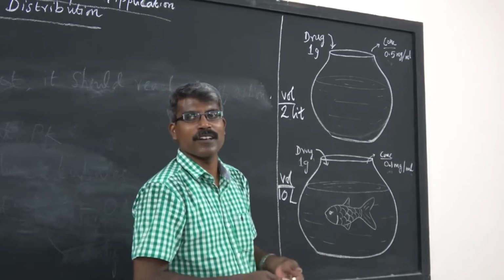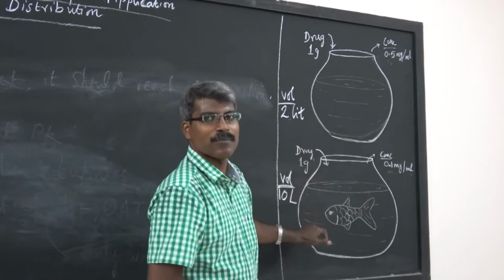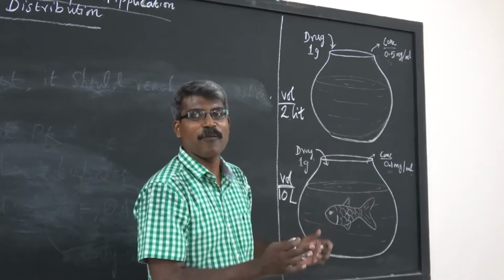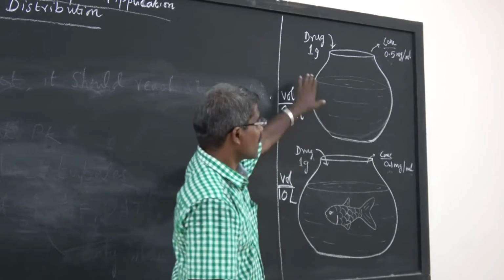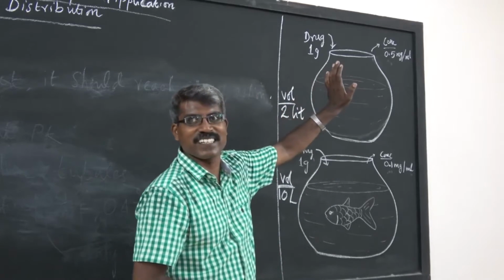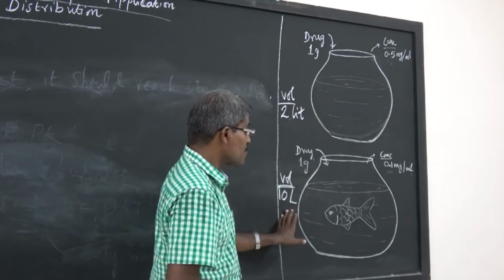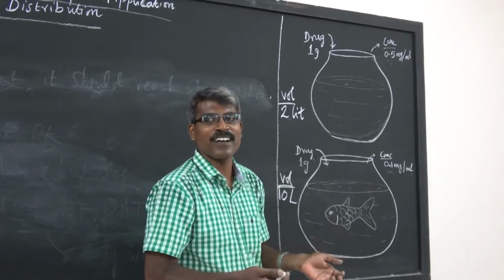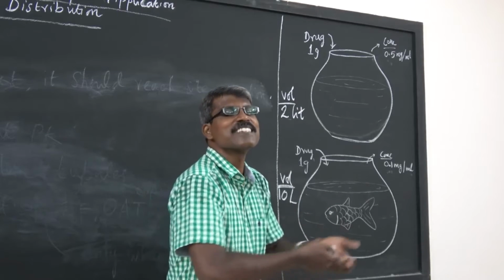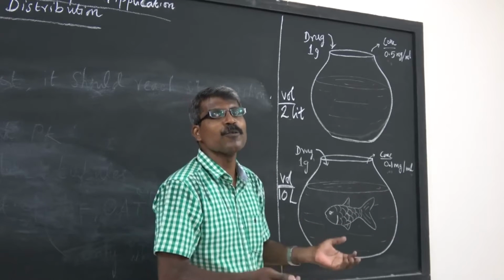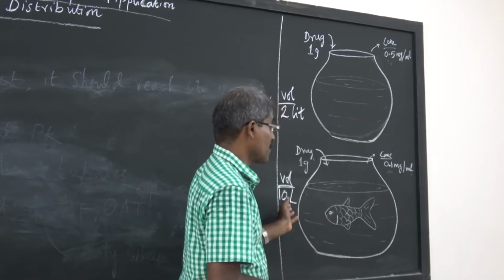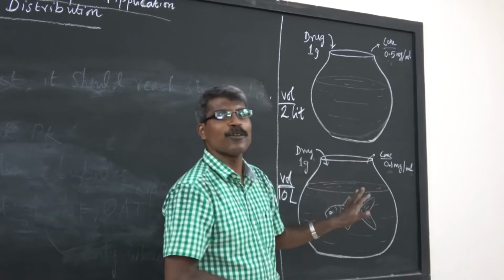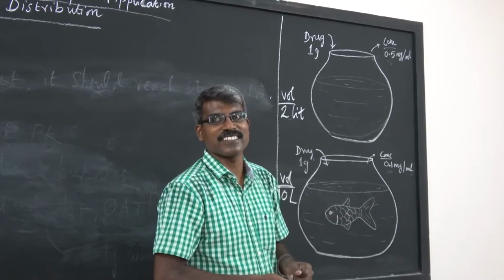That's what I conclude. The jar volume didn't change at all. The maximum volume of the jar was actually 3 liters, isn't it? But now I am saying that it looks as if the drug is distributed in a volume of 10 liters. But actually the jar can hold a maximum of only 3 liters.